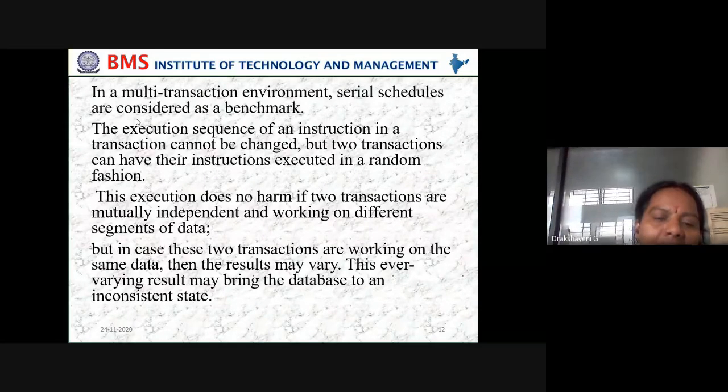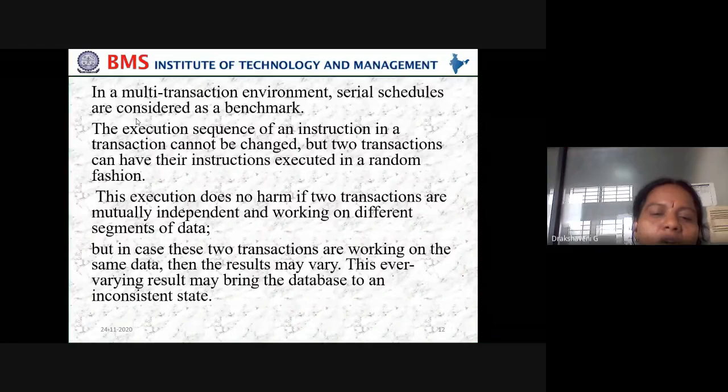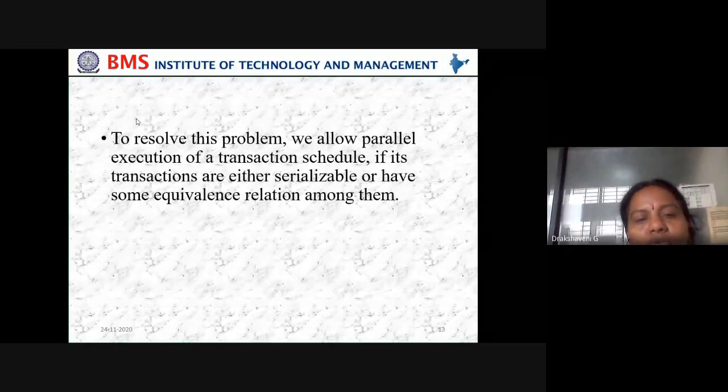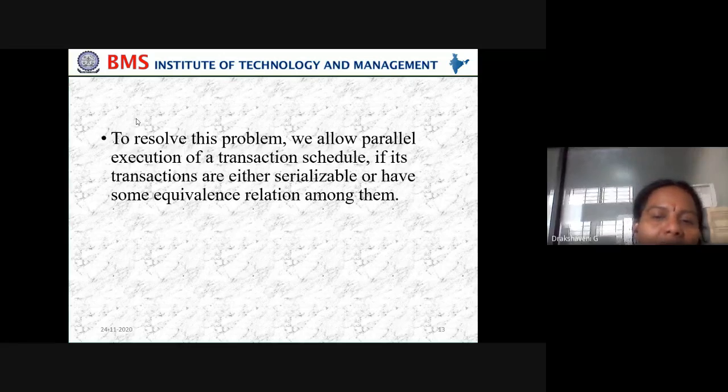But in case these two transactions are working on the same data, then the results may vary. This varying result may bring the database to an inconsistent state. So to resolve this problem, we allow a parallel execution of a transaction schedule if its transactions are either serializable or have some equivalence relation among them.